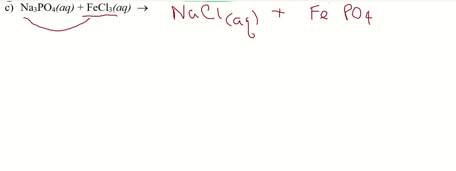So we know iron in this cation has a 3 positive charge, and the phosphate anions have a 3 negative charge. So they're going to cancel out. Nice. And that's your precipitate.